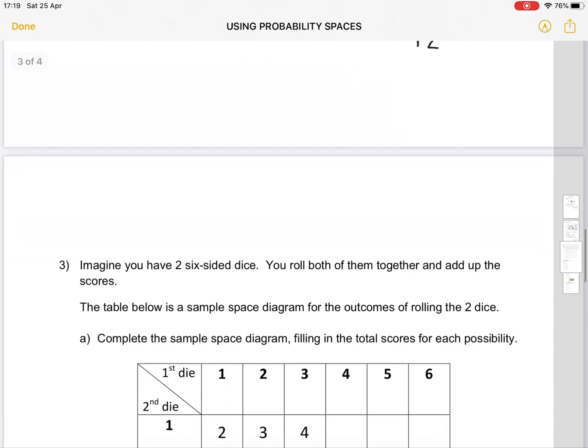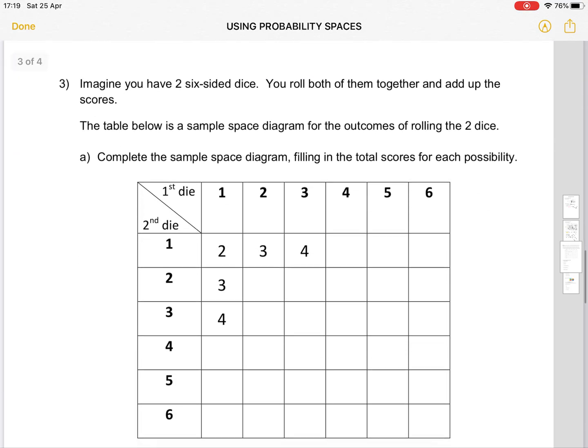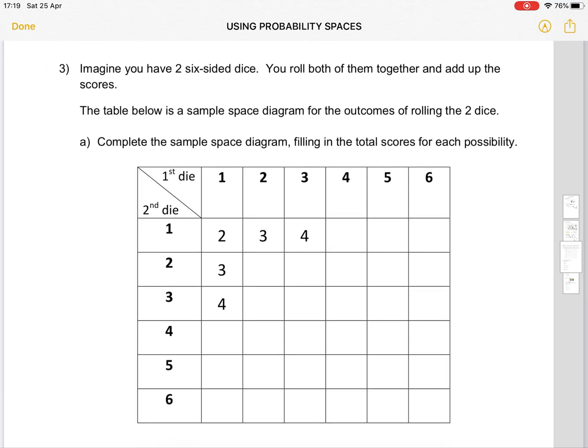Now, number 3. This is a bit different. You realize why? Because in the following example, you don't write the two scores. You have to find the total of the two scores and write that total down in the probability space. Okay, so we are given this question.